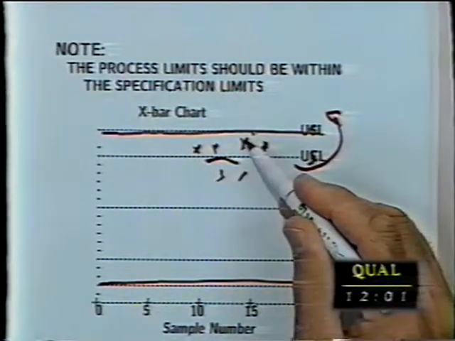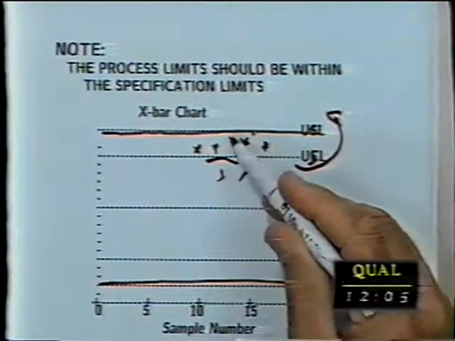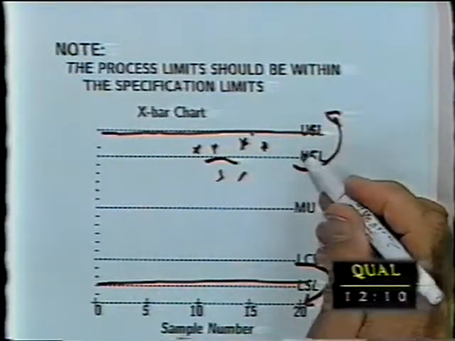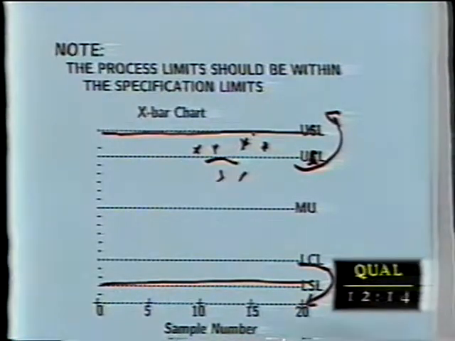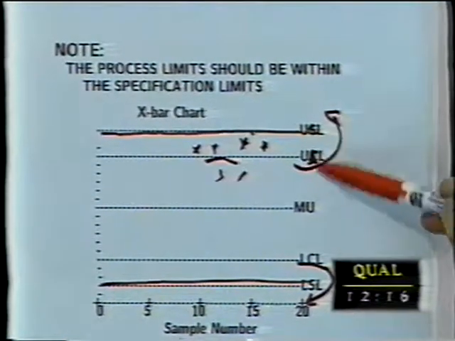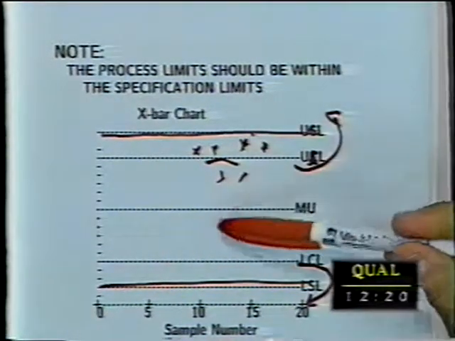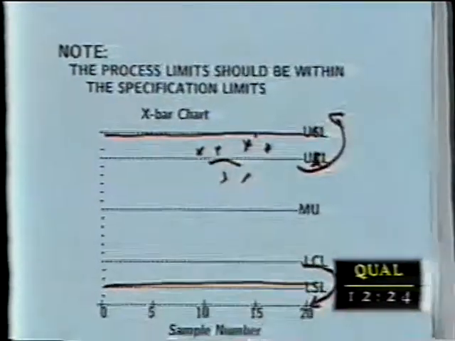That means the car won't work because the screw won't fit, even though the machinery is in control. So you fine-tune your machine to make sure that the control limit is within the specification limit. Okay? The control limit must be inside the specification limit in order to keep the parts usable, not only the machine in control. All right?